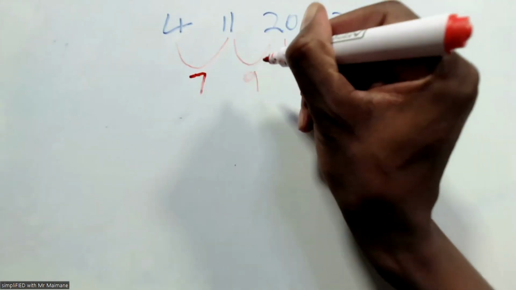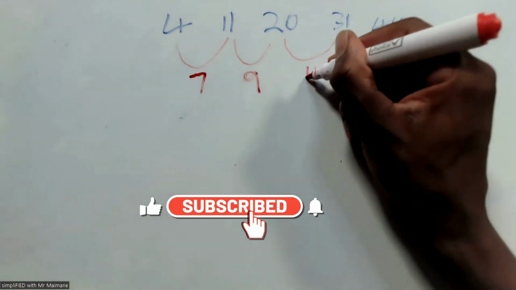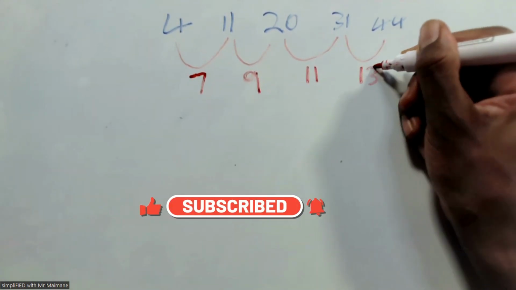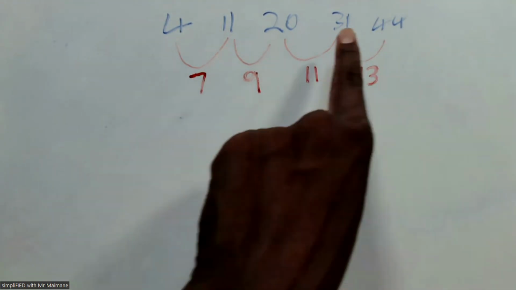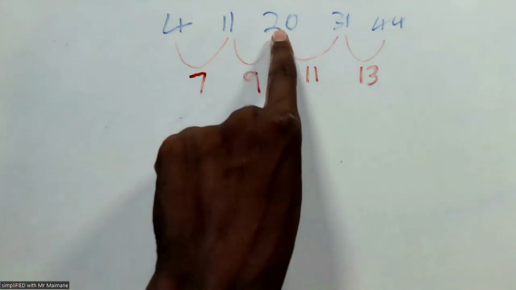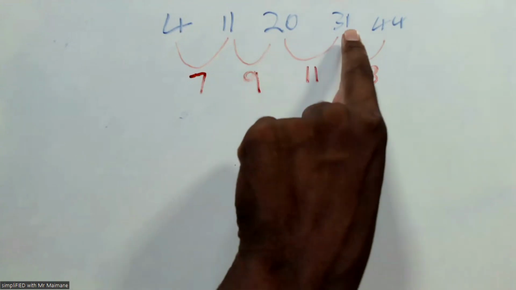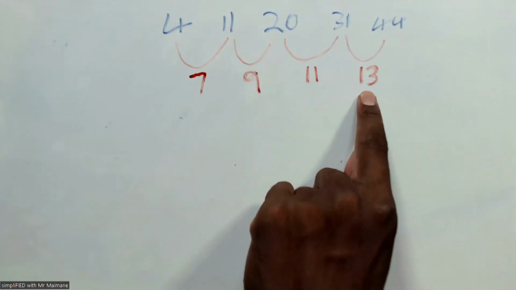So we have 7, 9, 11, and 13. When trying to get the common difference here, 11 minus 4 gave us 7, 20 minus 11 gave us 9, 31 minus 20 gave us 11, and 44 minus 31 gave us 13.